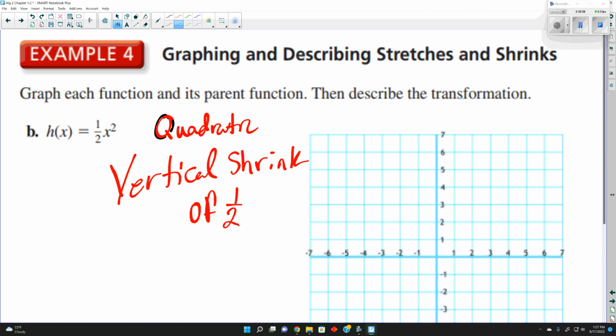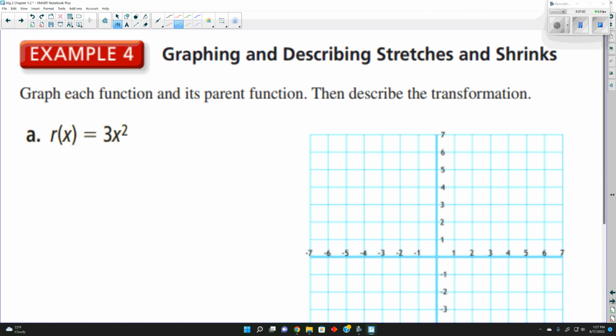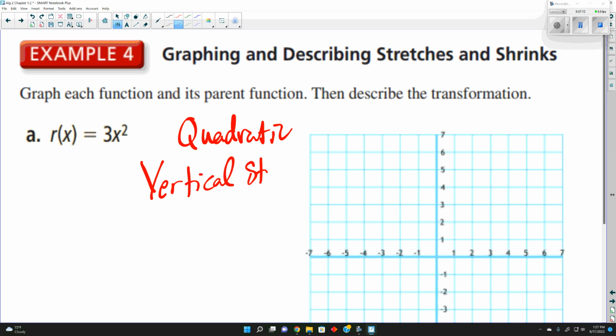Are you ready for the next one? Yes? Because the number is greater than 1. And that 3 is in the place A. That's it.